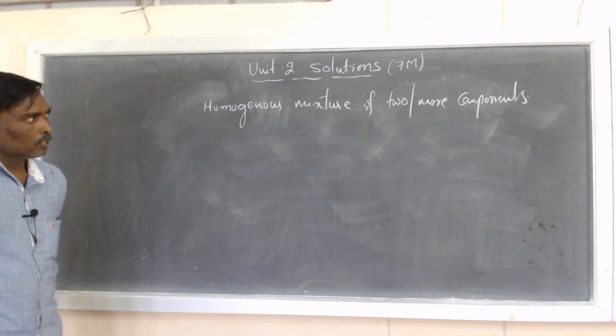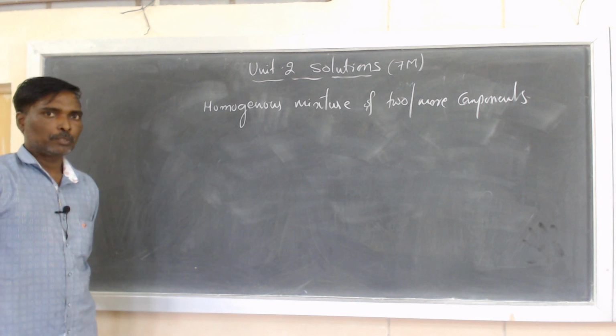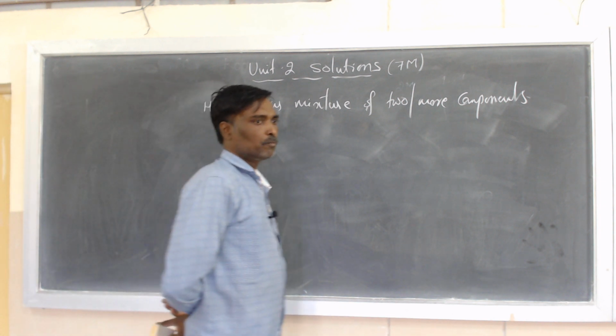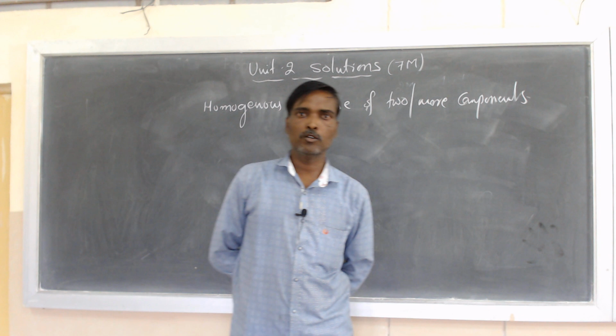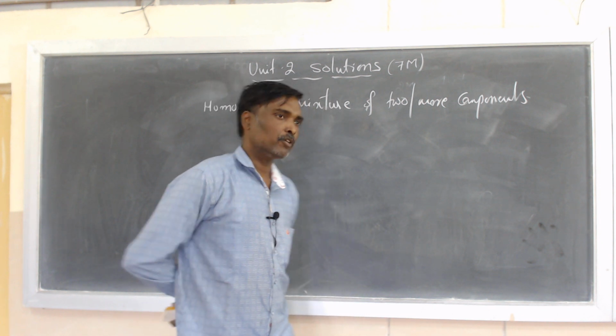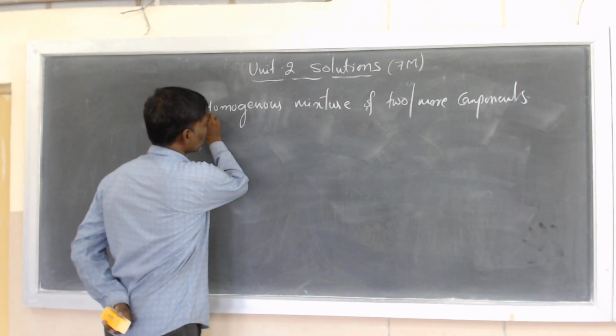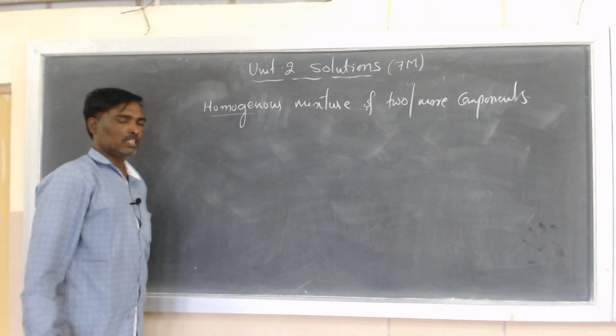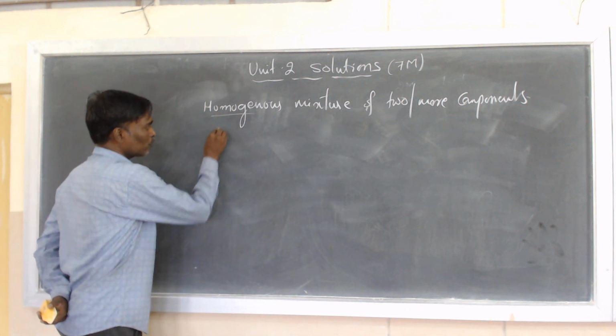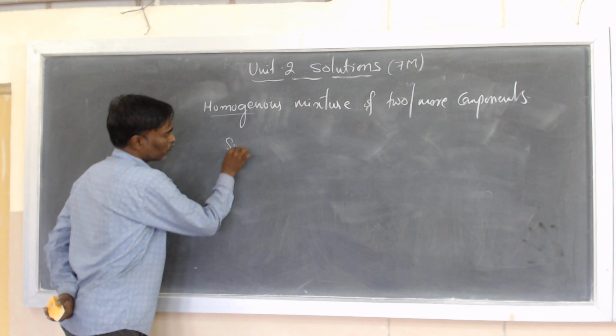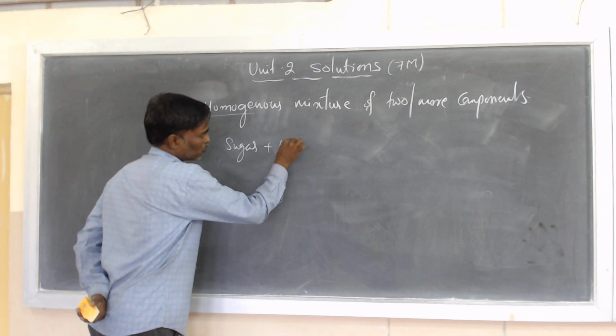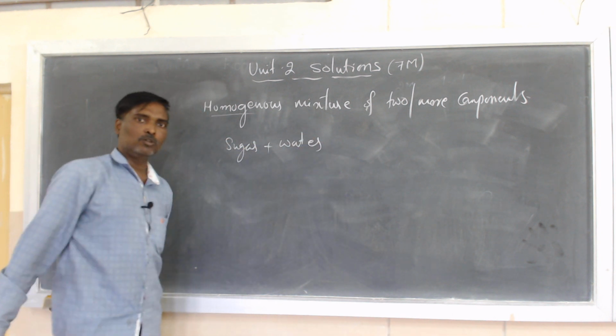Now, the homogeneous mixture. We learned two types of mixture, heterogeneous mixture and homogeneous mixture. Let me go with a few examples to understand them. Homogeneous mixture, for example, sugar in water. Sugar plus water we call a homogeneous mixture.